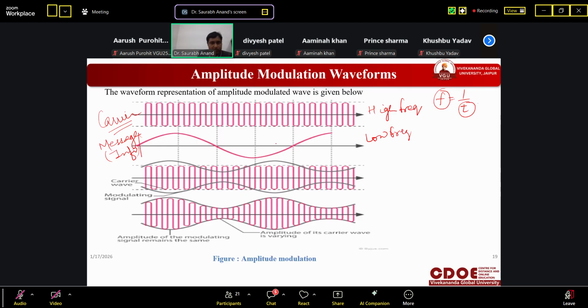For this one cycle, from this point to this point, only one cycle is completed, and within this time period we have so many cycles: one cycle, two, three, four, five, six, and so on. If within that time period we have more cycles, it is high frequency. If within that time period the cycles are fewer, then it is low frequency.